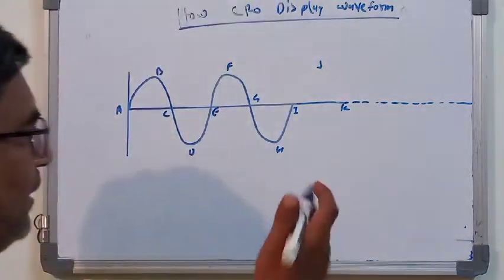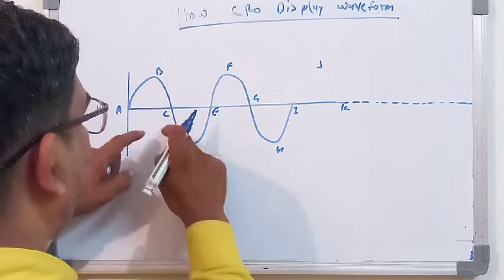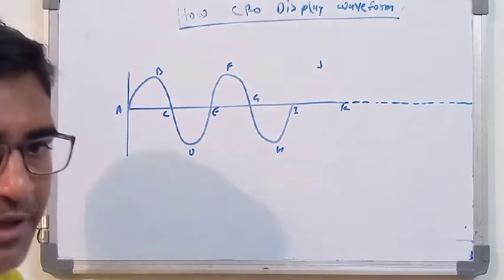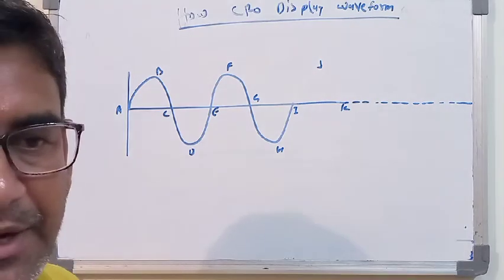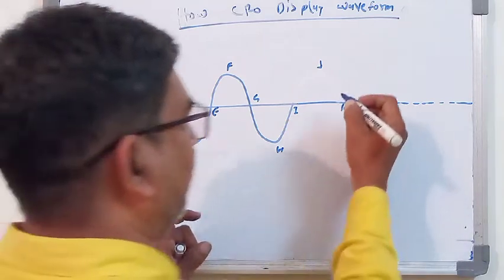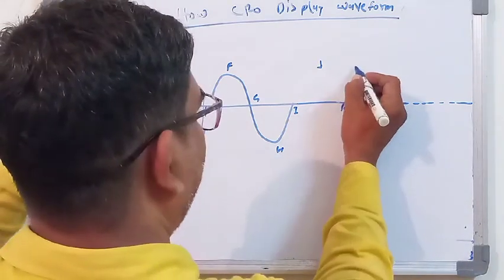Now on this CRT screen, from A to B, B to C, C to D, D to E, then F, G, H, I, the same thing will be displayed, but in an image form. That image form will be indicated with the same value like this.